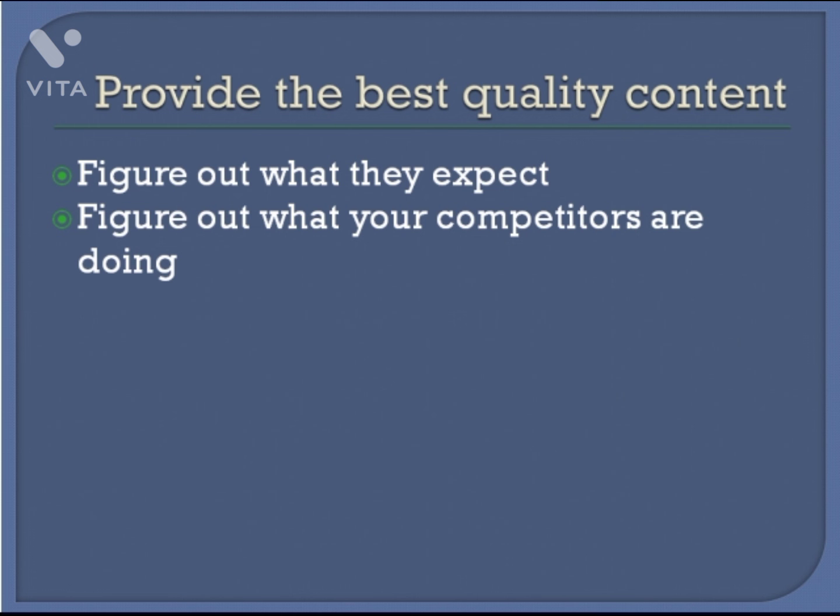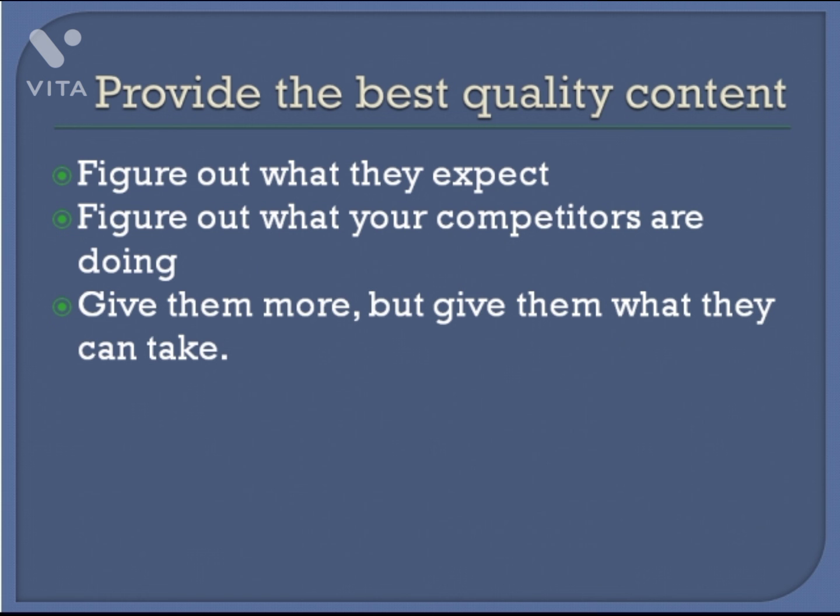Compare their product versus your product, and then your goal is to give them more quality content. Now, your competitors might have a lot of content, but that doesn't necessarily mean that it is quality content. So figure out what kind of quality content your competitors are providing, and then give them more. But give them what they can take. Find that fine line and give them quality content enough that they're going to be happy.